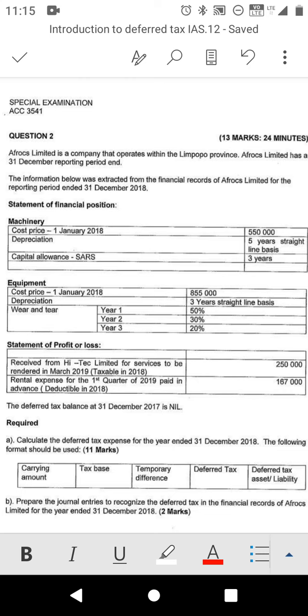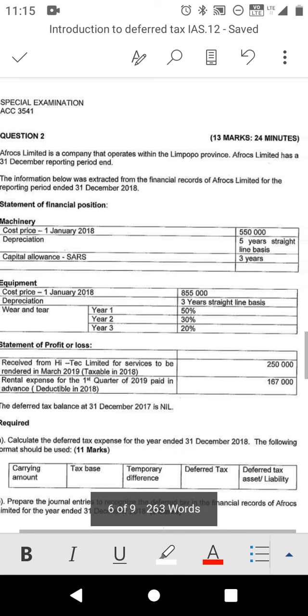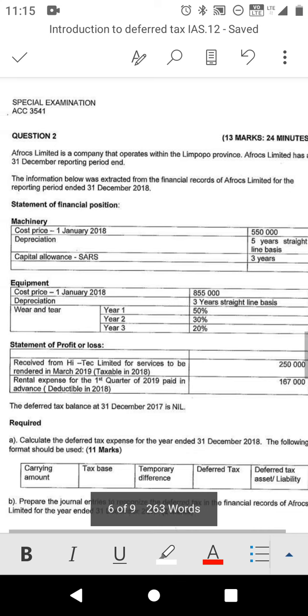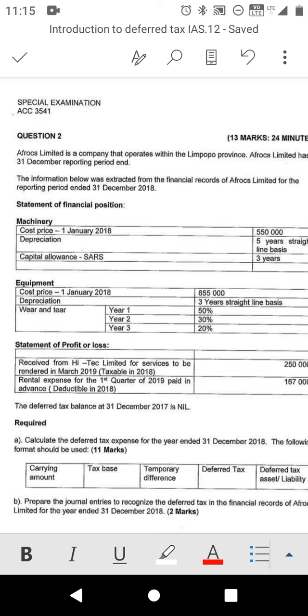Machine with the cost price on 1 January 2018, 550,000. Depreciation, they use 5 years straight line basis. Capital allowance, this is the principle of SARS, of taxation.